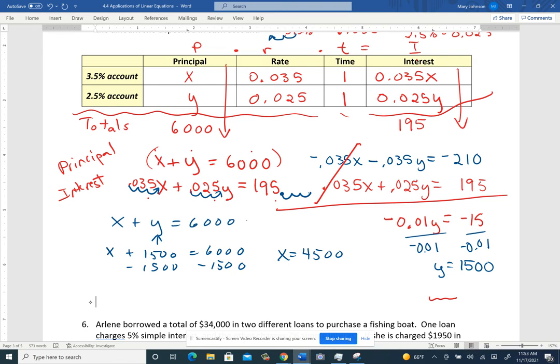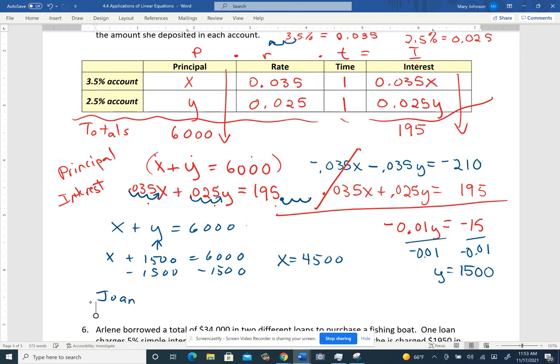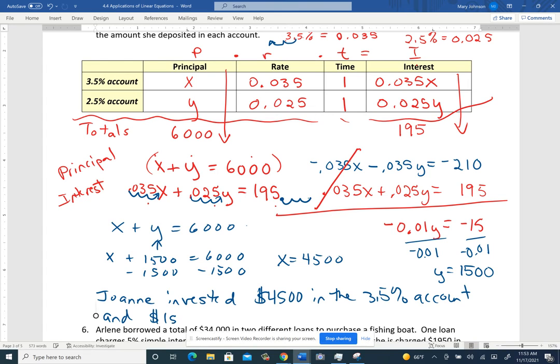All right, so what you should do after you've answered the question is write a sentence interpreting what you found. So who was the person? Joanne. So Joanne invested $4,500 in the 3.5% account and $1,500 in the account paying 2.5% interest.